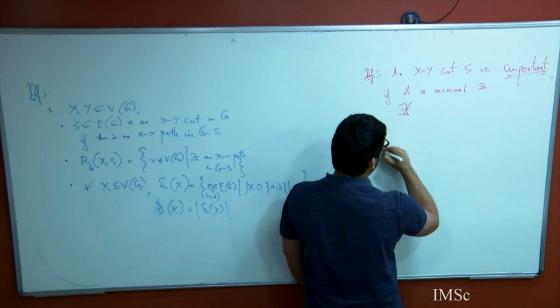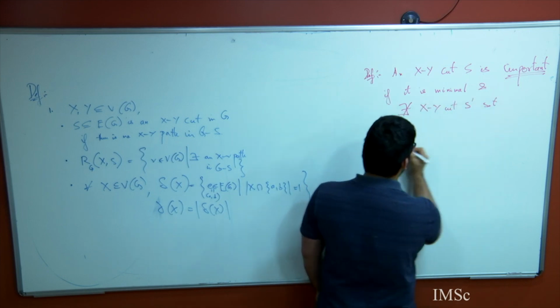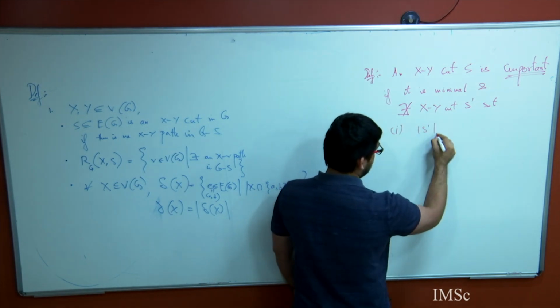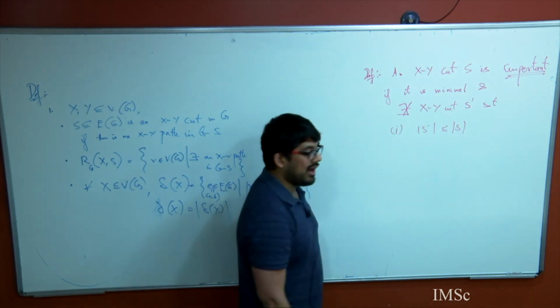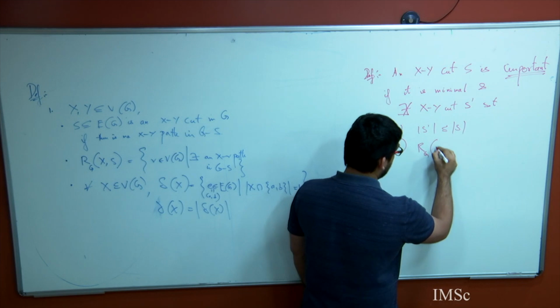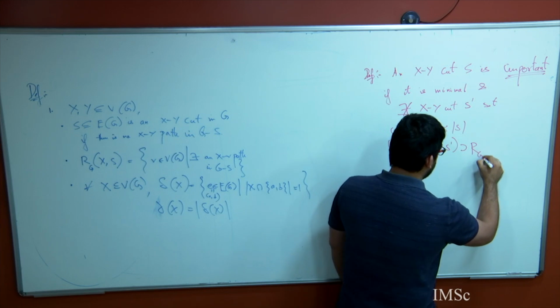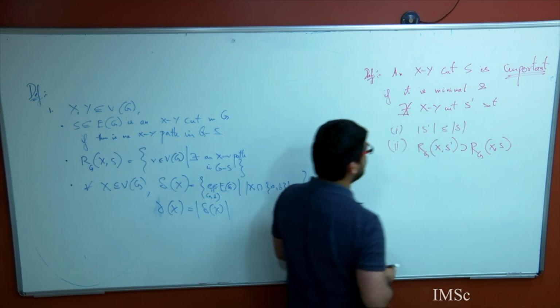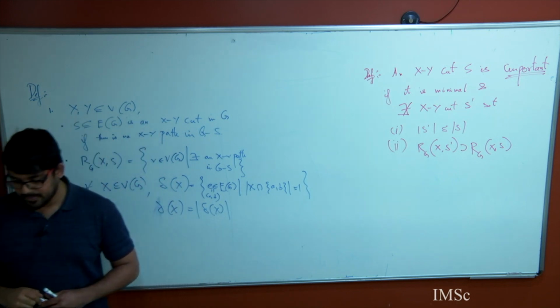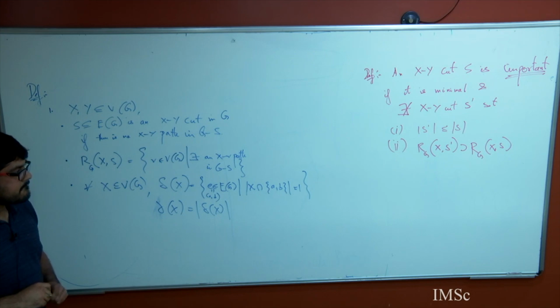First, there exists no xy cut S prime such that the size of S prime is no larger than S. And secondly, what you can reach from X after you remove S prime is a strict superset of what you can reach from X if you remove S. Right, so as of now, it is just a definition.